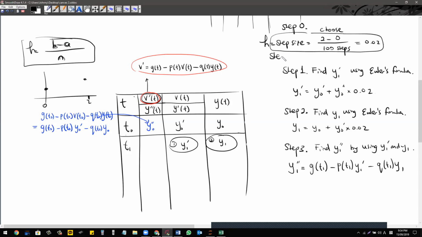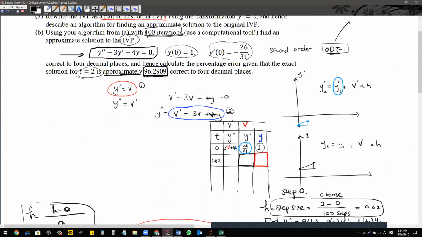Step 0 would be to find the y0 double dash. This one here, which is given by g of t0 minus p of t0 times y0 dash, minus q of t0 times y0. Okay, so that's given because of this second equation here. That's all because of the second equation.